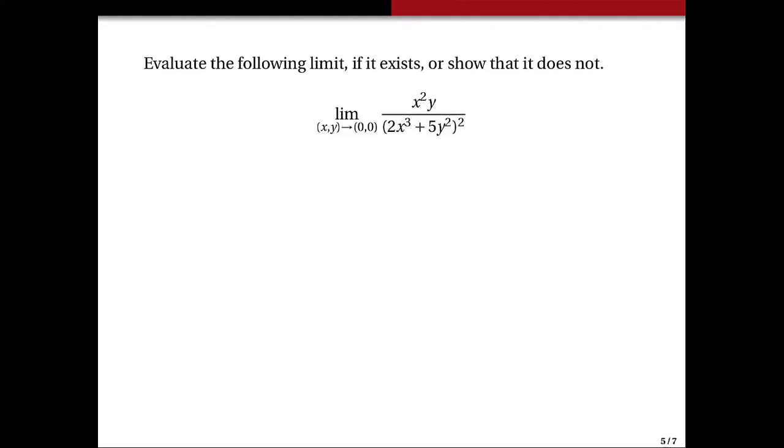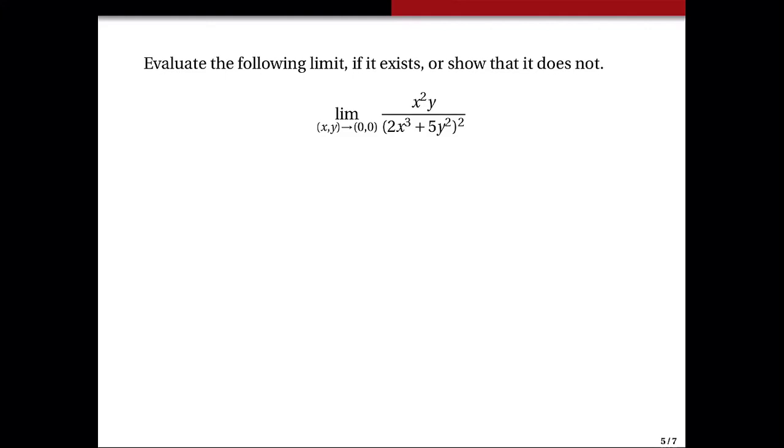So we need to use either limit laws or the definition if the limit exists, or maybe we can find at least two curves where the limit will be different for the curves.